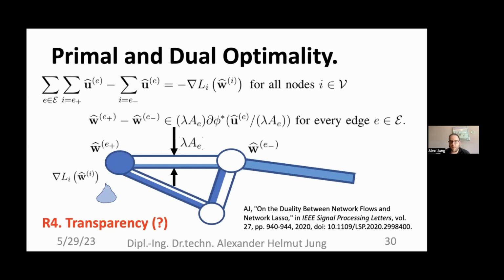And the flow vector also satisfies another optimality condition, which tells us that if the penalty function is a norm, then the dual of this penalty function is an indicator function of another norm, the dual norm. This optimality condition is somewhat like an abstract Ohm's law. It tells us how the potential difference across an edge is related to the flow through that edge.